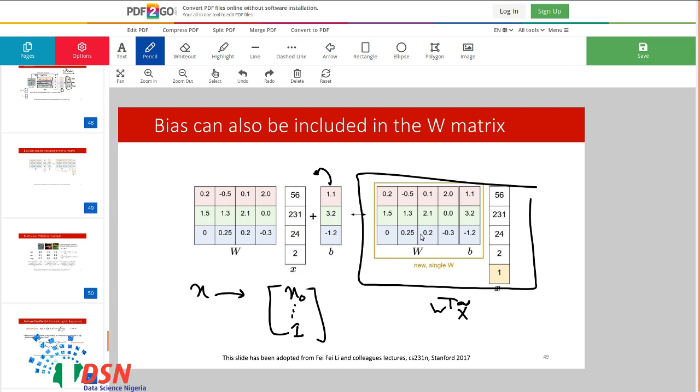So the new matrix has the bias itself, so we don't need to use this notation. We talked about it before, but just to review, instead of this we could write it in this way.